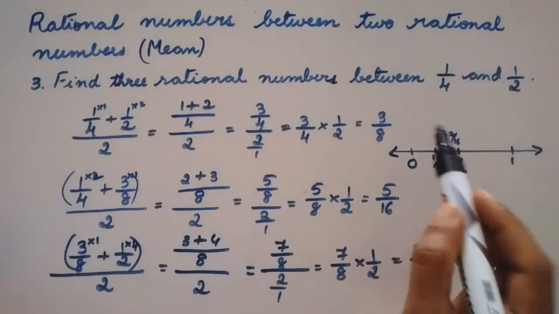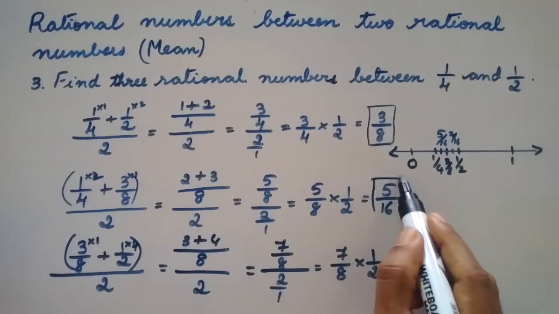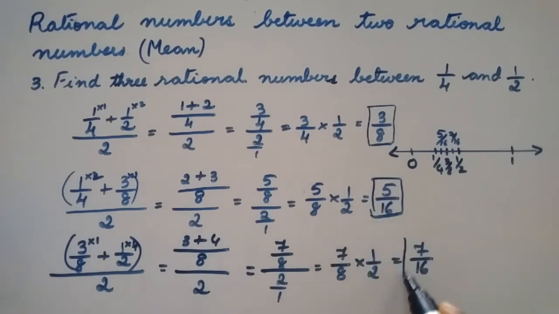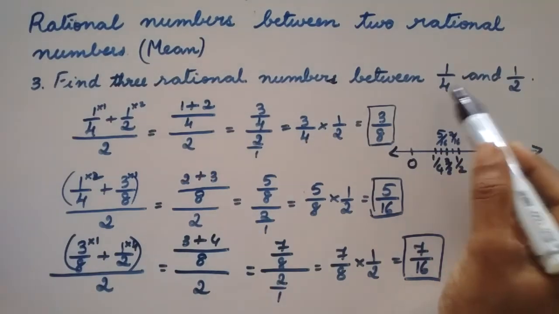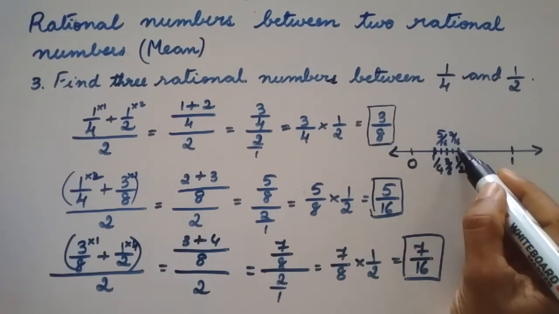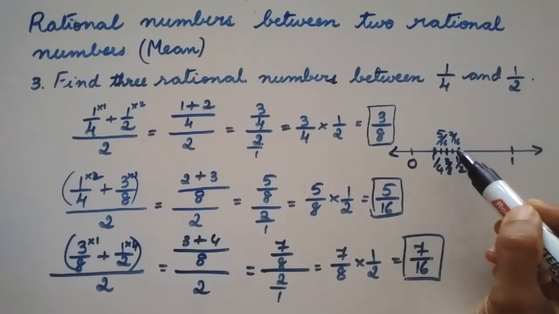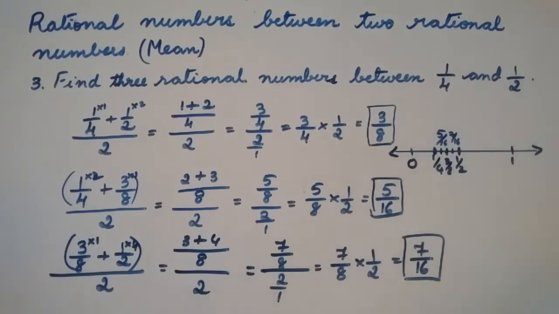So we found three rational numbers, 3 by 8, 5 by 16 and 7 by 16, which lie between 1 by 4 and 1 by 2. So we found three rational numbers between 1 by 4 and 1 by 2.